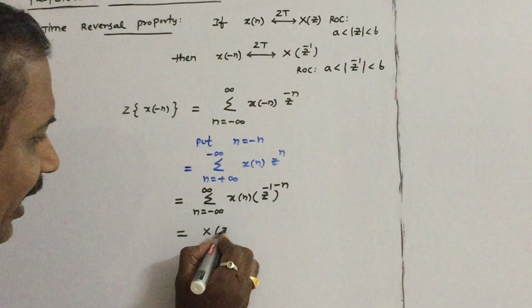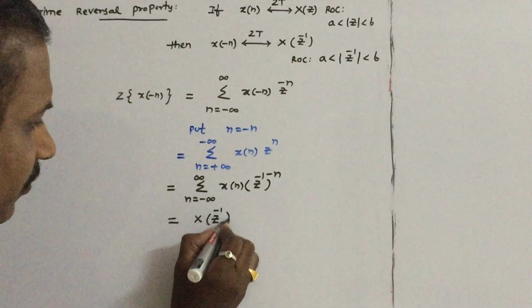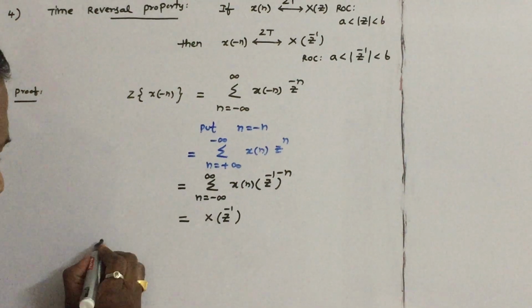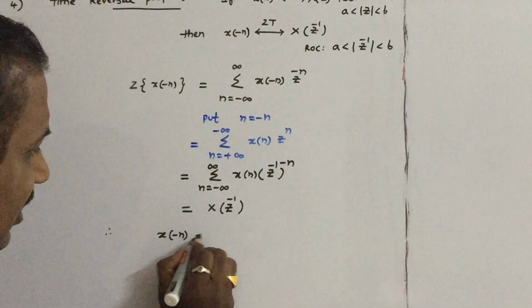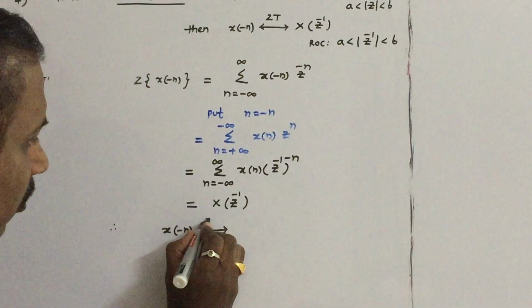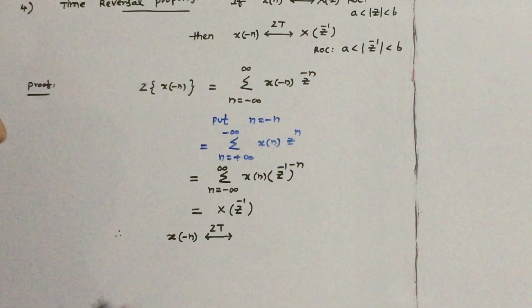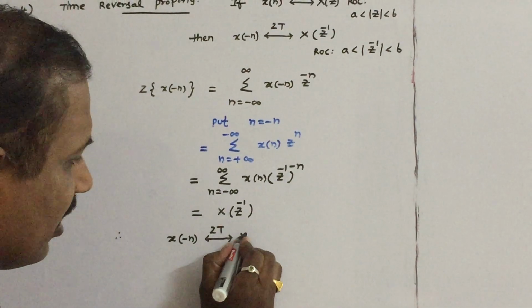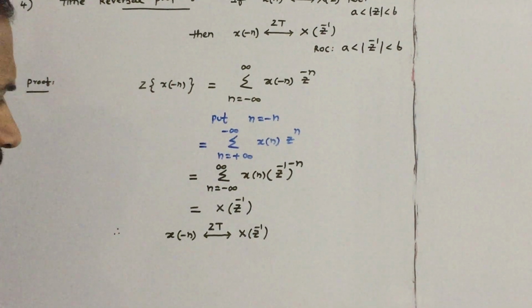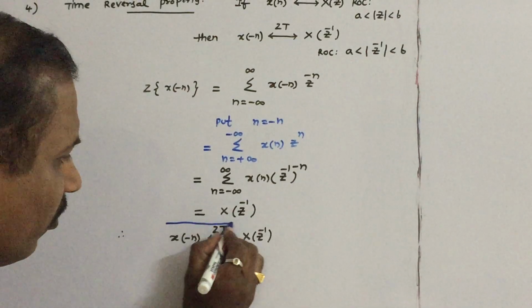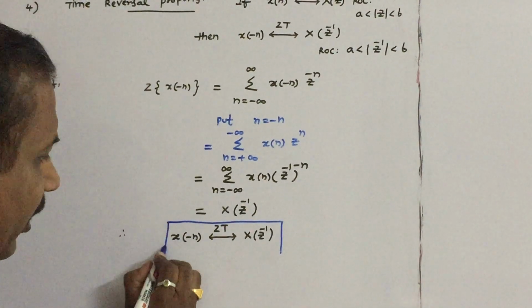So finally, x of minus n Z transform, the time reversed x of n, is simply X of Z inverse. So this property is very, very important. We use this property several times when we solve problems.